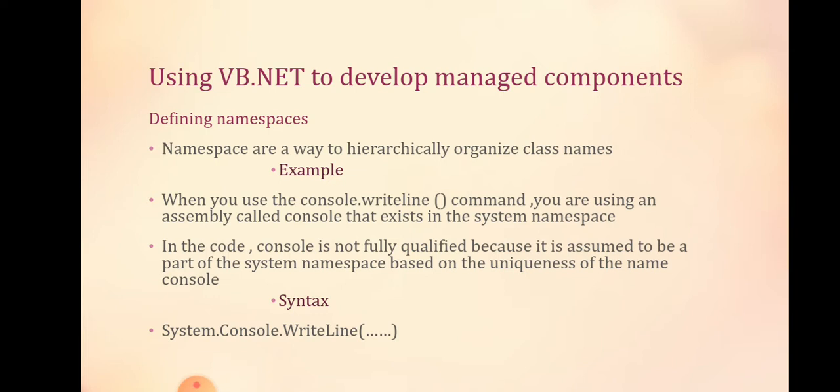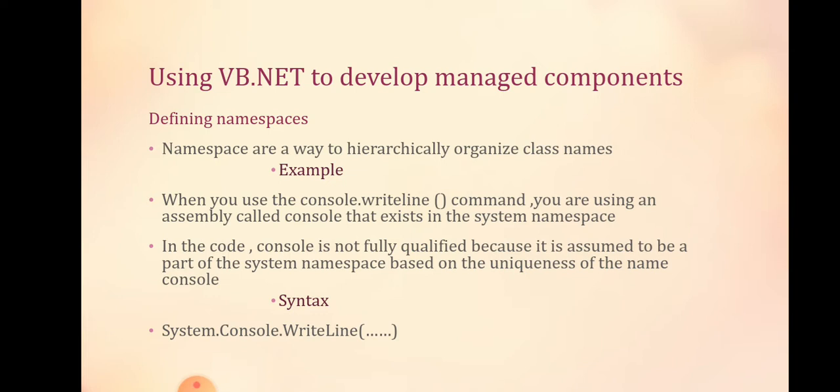So here, in the second point, Console.WriteLine is not fully qualified because we have to include the System keyword before Console.WriteLine. Why do we use the System keyword? Because it resides inside the System namespace.